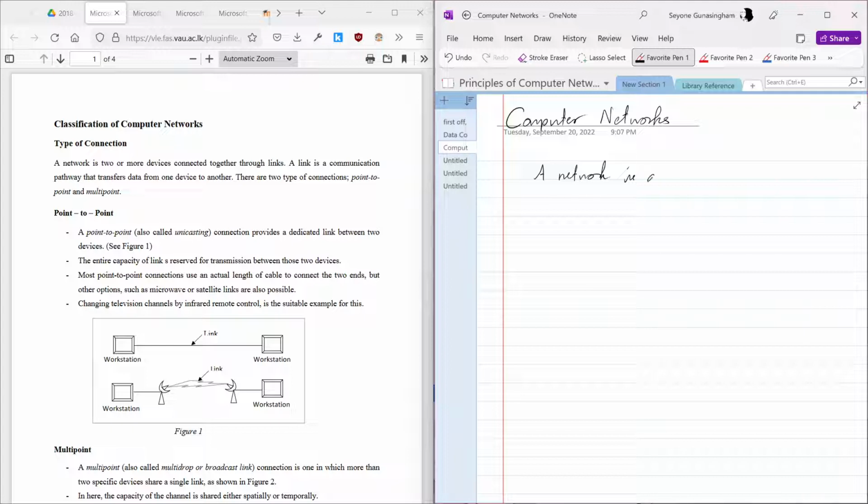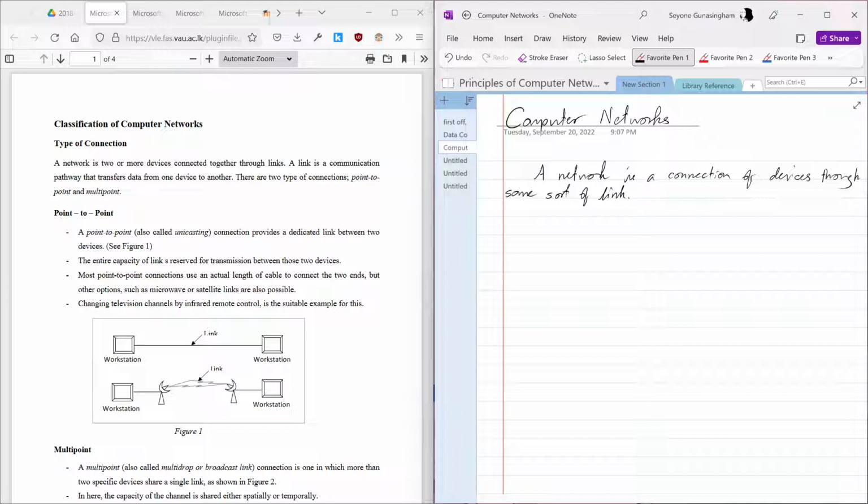A network is a connection of devices through some sort of link. You're connecting devices to each other using some sort of link. That's pretty much it, right? That is a network. Now, what is this link?